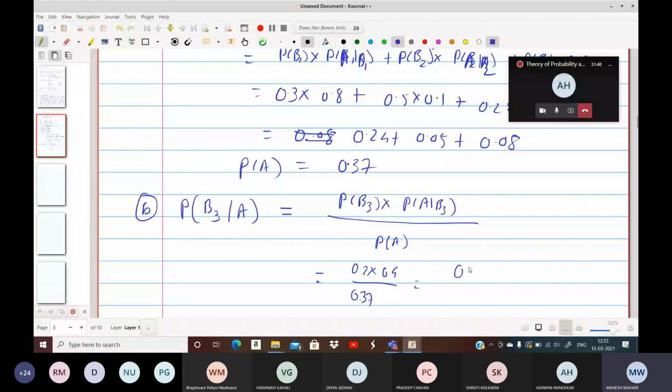So it is 0.08 divided by 0.37. After calculation it comes to 8/37. One can also calculate probability for B2 given A. One can also calculate probability for B1 given A. That's it.